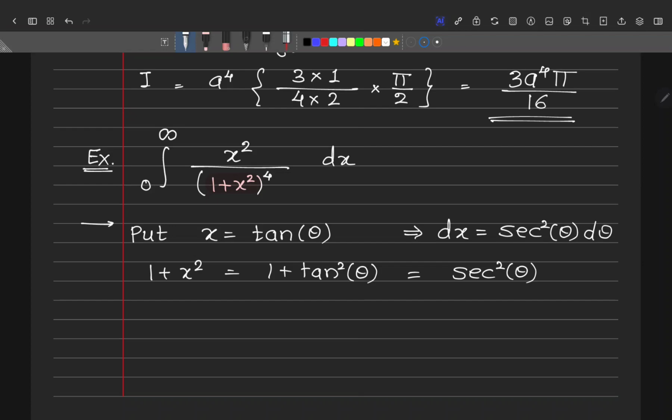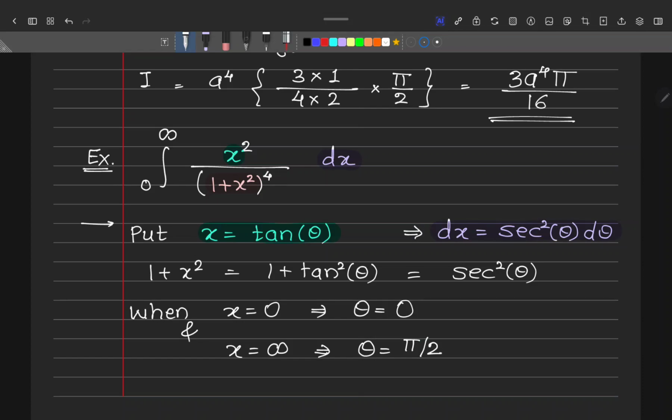So the value of x is known, the value of dx is known, and the value of the denominator is known. Now we move to the range. When x is equal to 0, tan theta is equal to 0, which implies theta is equal to 0. When x is equal to infinity, tan theta is infinity, which implies theta is equal to pi by 2.